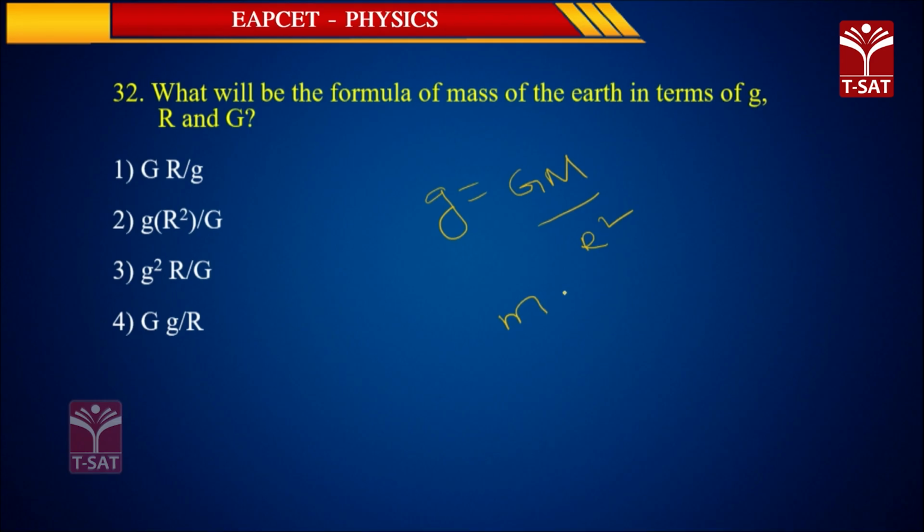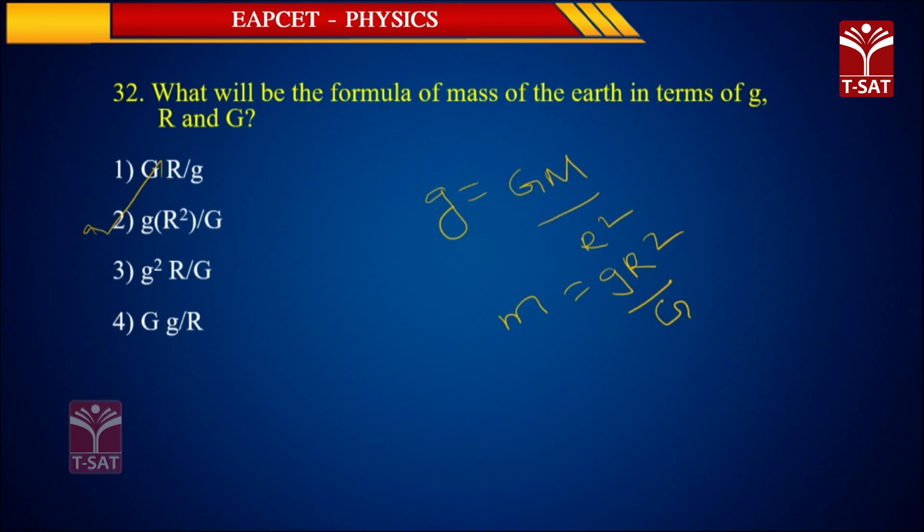Mass M is equal to gR square by G. In our options, first option gR by G, second option gR square by G, and third option g square R by G. Therefore the M value is gR square by G. Option 2 is the answer, children, check your answer.